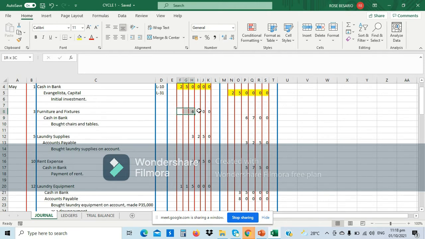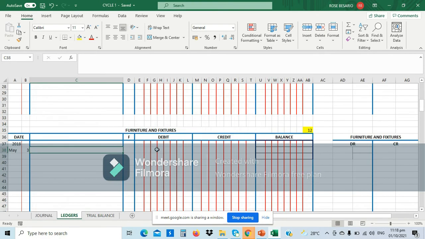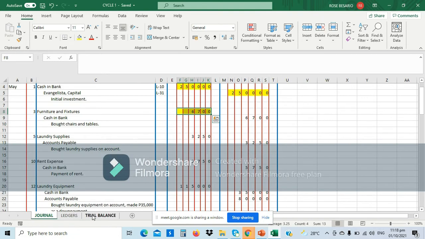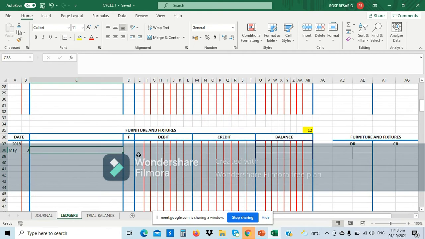So we will also post the amount to the debit side or debit column of the ledger. So it's how much? 6,700. Okay, and then forward to the balance column, 6,700.